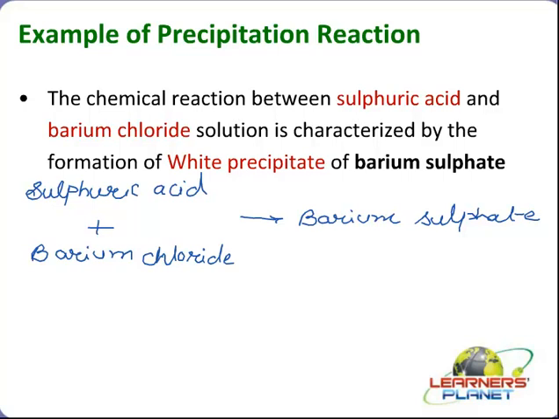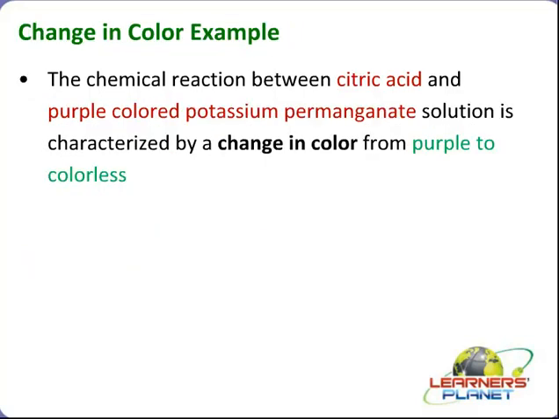Okay? Now there are certain other features also. Like when you mix two reactants, there is a change in color. Okay? That is, the color of the solution changes. Right? Now here I have taken an example of citric acid and potassium permanganate.